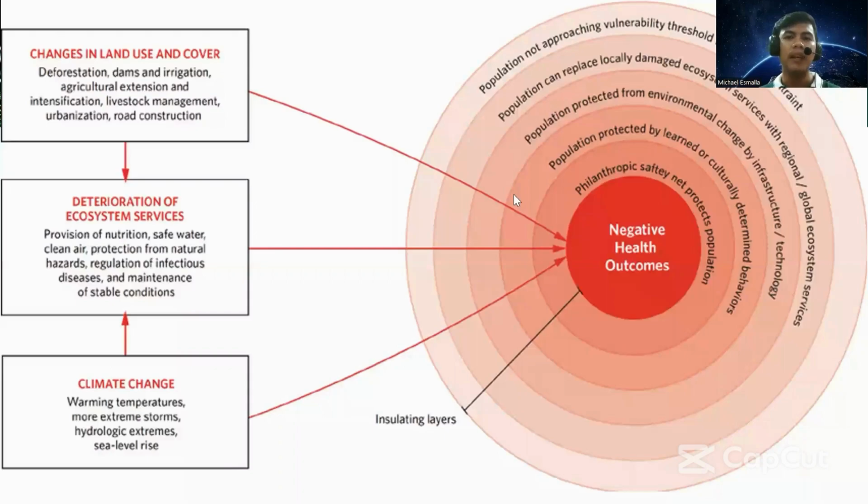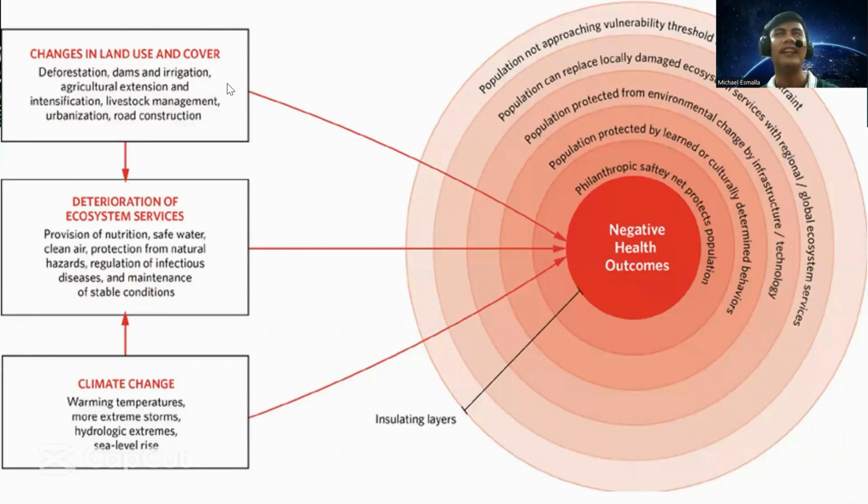So, with the increase of these problems, guys, we also have different insulating layers that lessen the hazard that vector-borne diseases may cause. For example, we have here different causes. We have changes in land use and cover.